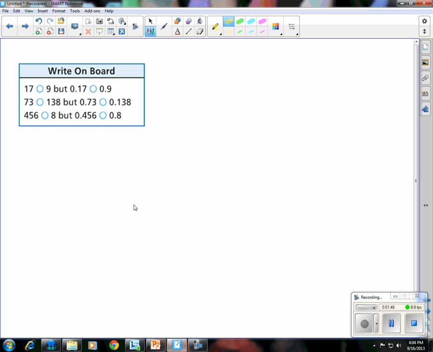Okay, so we've got these numbers, and we're just going to talk about greater than, less than. Remember our lovely little alligator head? The open part goes to the largest number, and the small part, which is the smallest portion of his mouth, goes to the smallest number, right? It just makes sense.